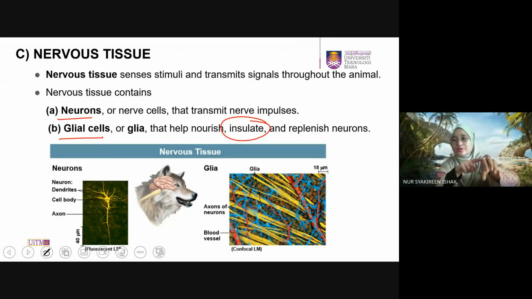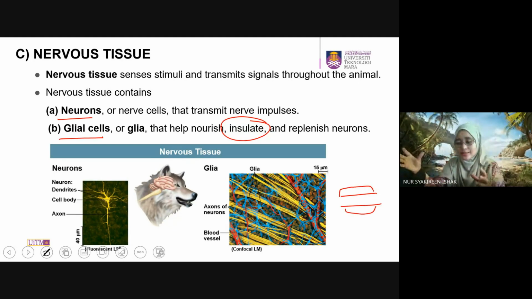The neuron is going to transmit impulse along the axon. If you have learned the structure of a neuron, it is covered by myelin sheath. The myelin sheath functions as an electrical insulator, insulating the axon of a neuron.